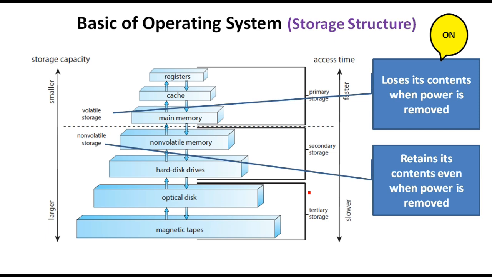But power going on and off does not affect the secondary memory, because even when the power is removed, the data remains in the secondary storage devices.